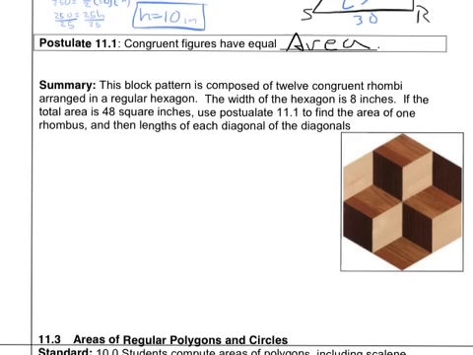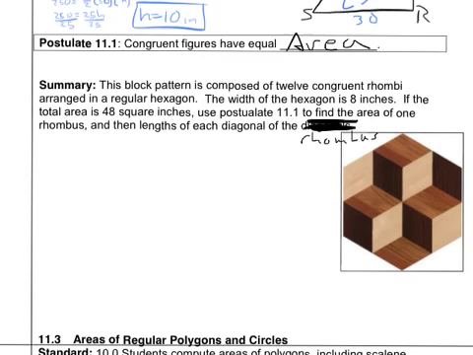The width of the hexagon is 8 inches. If the total area is 48 square inches, use postulate 11.1 to find the area of just one rhombus. And the length of each diagonal of the, there's a typo there. So the lengths of each diagonals of the rhombus. So we want the length of a diagonal of just one rhombus.